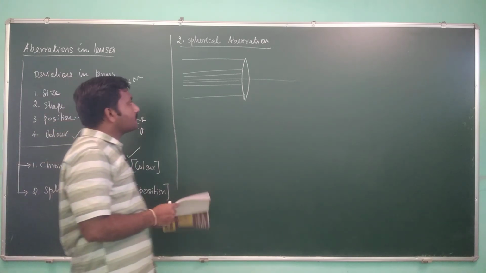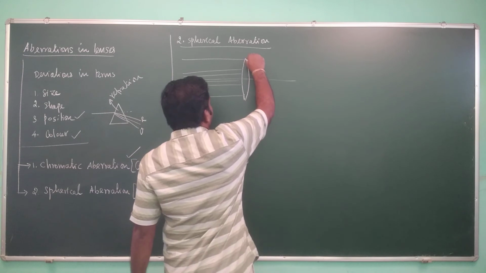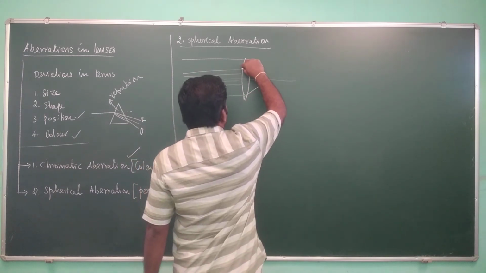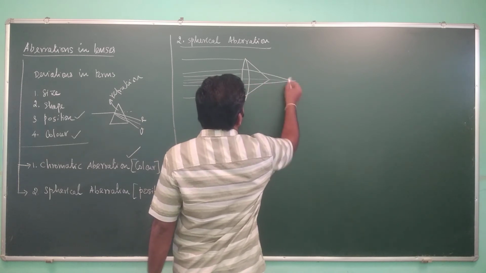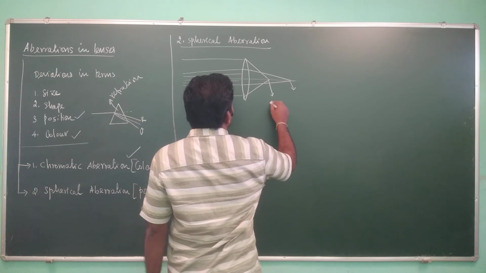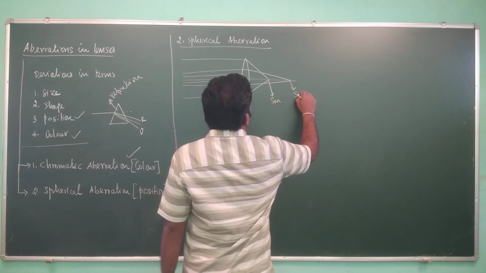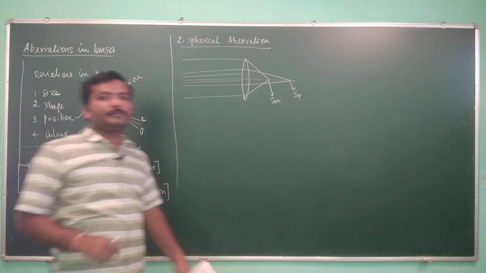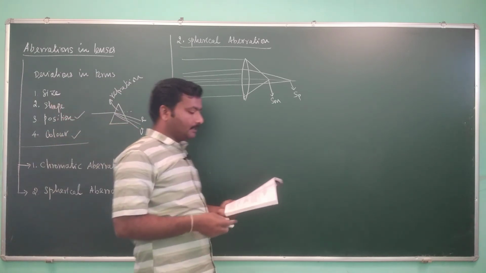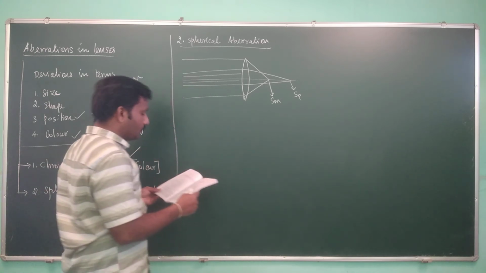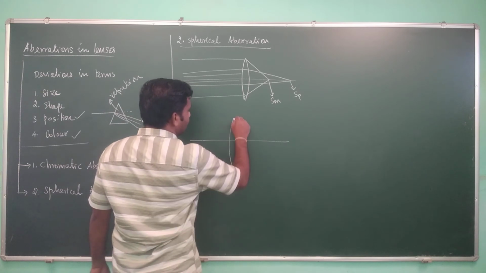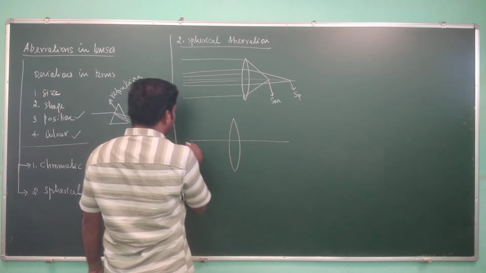Now what happens? The focal point of the marginal rays and the focal point of the paraxial rays are not the same. They become different, though it is coming from a point source or from an infinite distance.